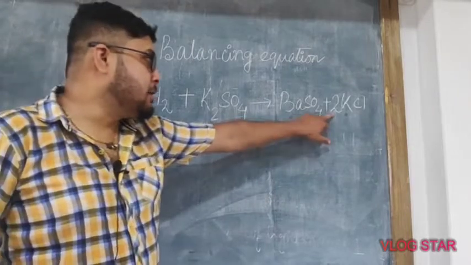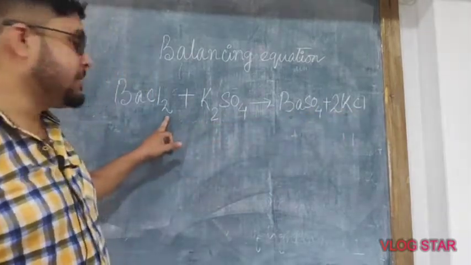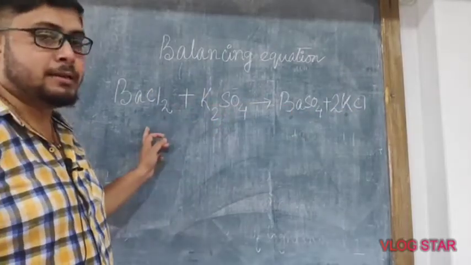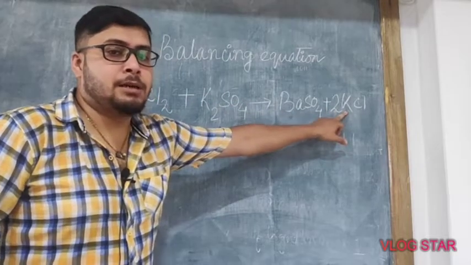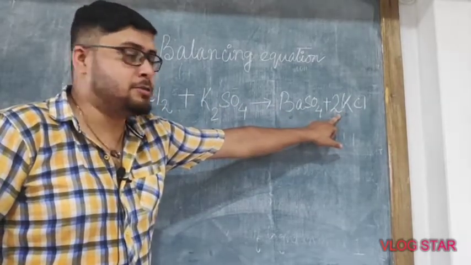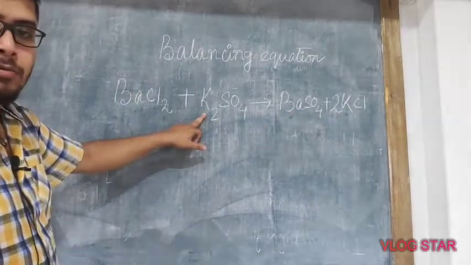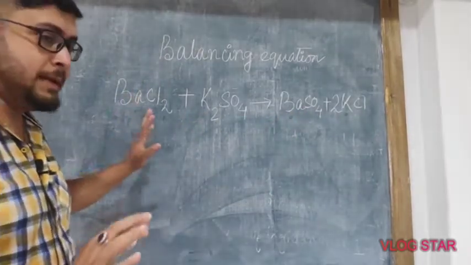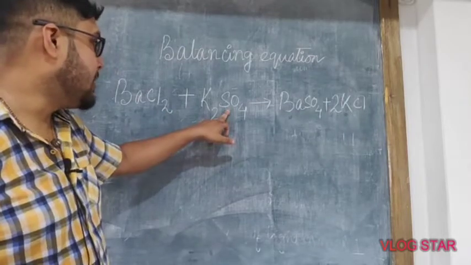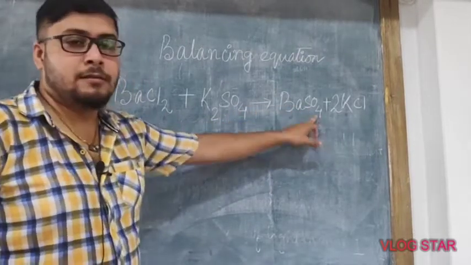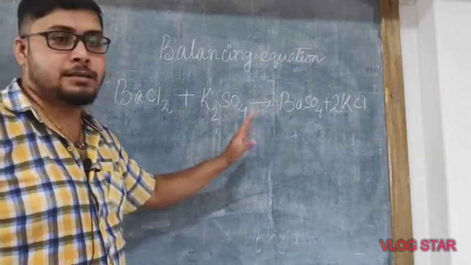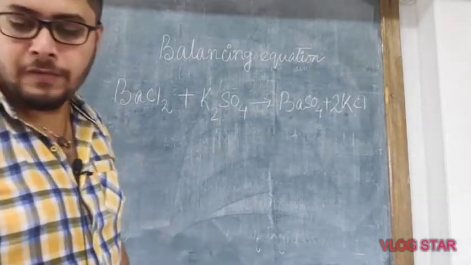As soon as we give here 2, Cl and Cl both are balanced. Now when we give here 2, potassium in the product side is 2, here it is 2, balanced. No need to balance it anymore. Sulfur 1, 1, oxygen 4, oxygen 4. So everything is balanced in a proper way.